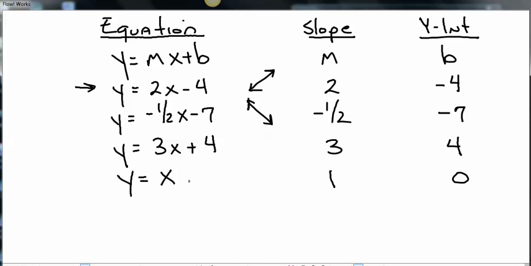Very good. All right, Taylor, what does the equation for this line look like? Negative what? Nice. Good answer. Which way does that line go? Up and to the left. Very good.